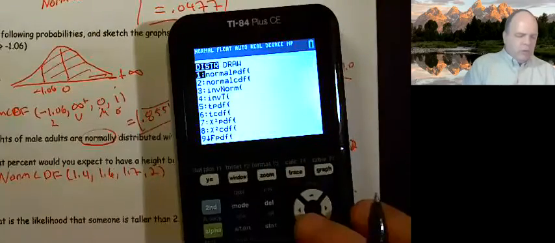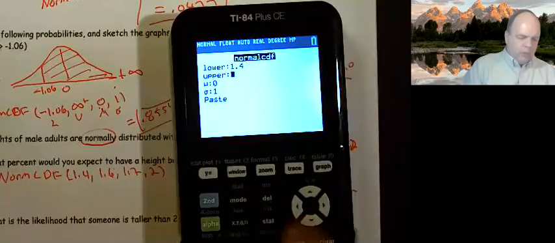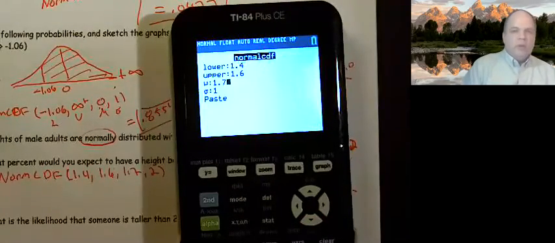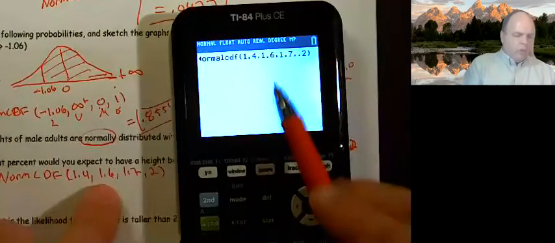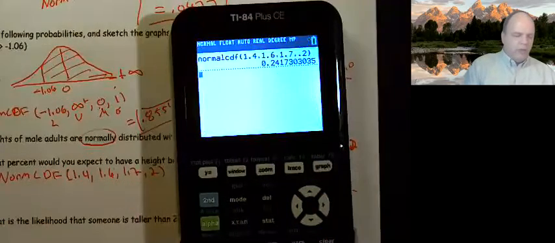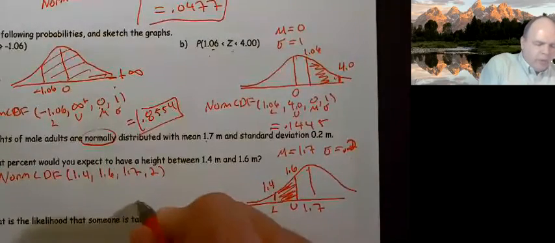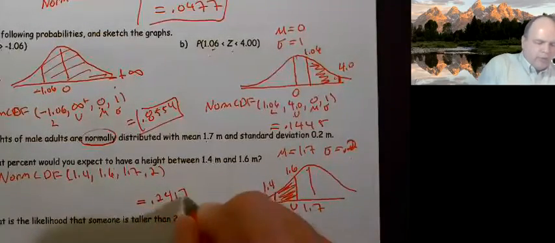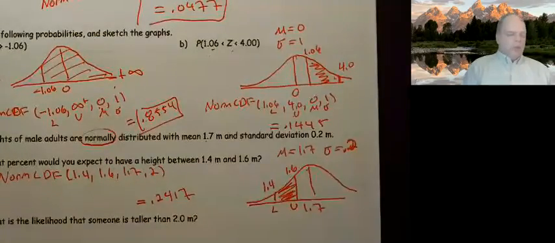Second vars, norm CDF, 1.4, upper 1.6, mean 1.7, standard deviation 0.2. So 1.4, 1.6, 1.7, and 0.2, that matches, should be good. Press enter, and we end up getting 0.2417. I know I moved that away pretty quickly, so I'll put that back up on the screen for just a second. So 0.2417, 4 decimal places.